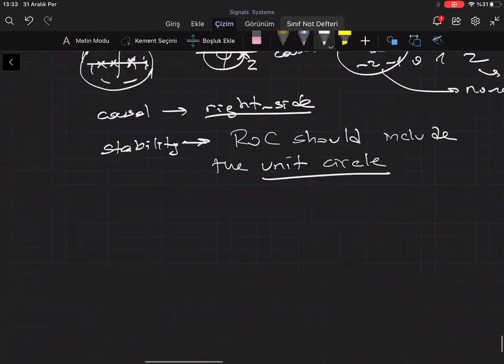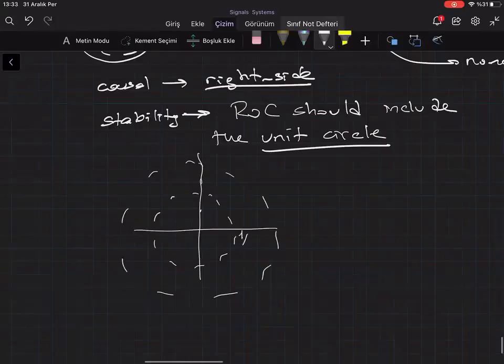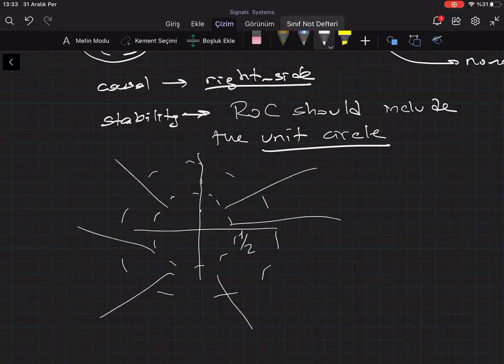That means if I'm plotting such an ROC, let's say this is 1/2, and I am plotting this side like that, and it will include 1, the unit circle, then this is a stable system.